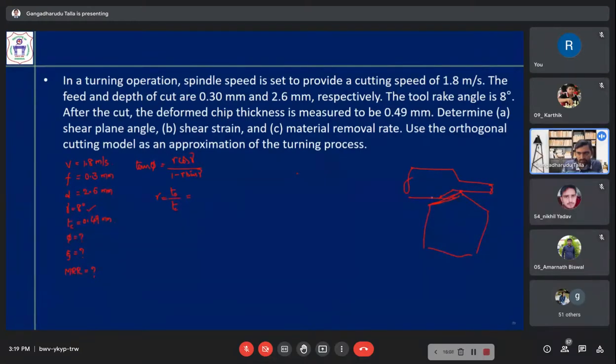It is removing this portion. In the second turn, it is removing the material of this much thickness. So once it is removed, then it is going like a chip. Its thickness is increasing. But otherwise, from here to here, that is nothing but the thickness of the chip in pure orthogonal turning process.